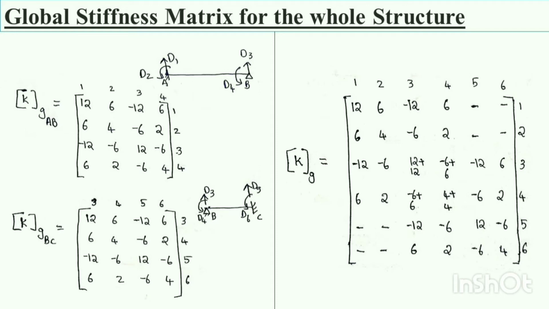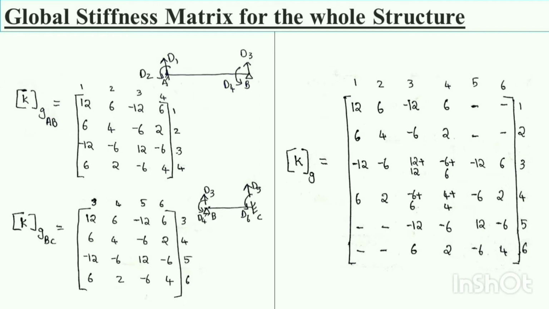Second row can be written in the same way as the first row. Now for the third row, first element is 3, 1, that is third row, first column. This is available only in KGAB, which is minus 12. Next is 3, 2, third row, second element.